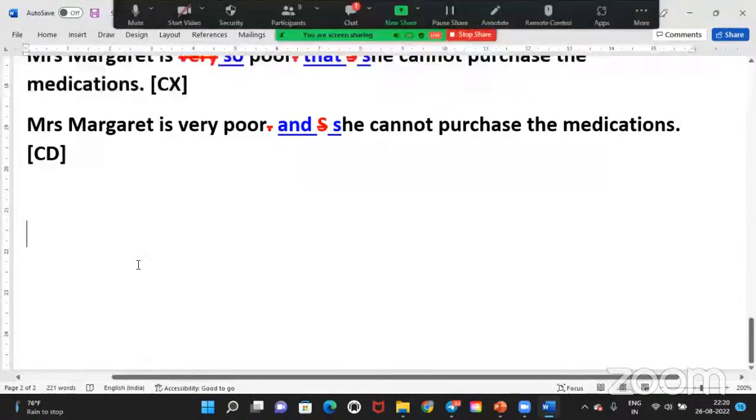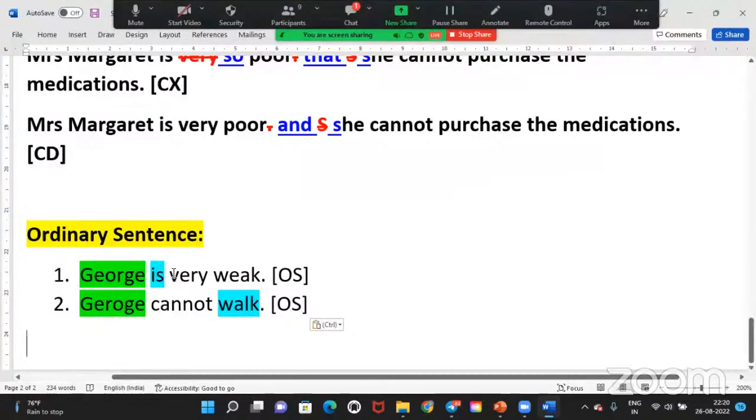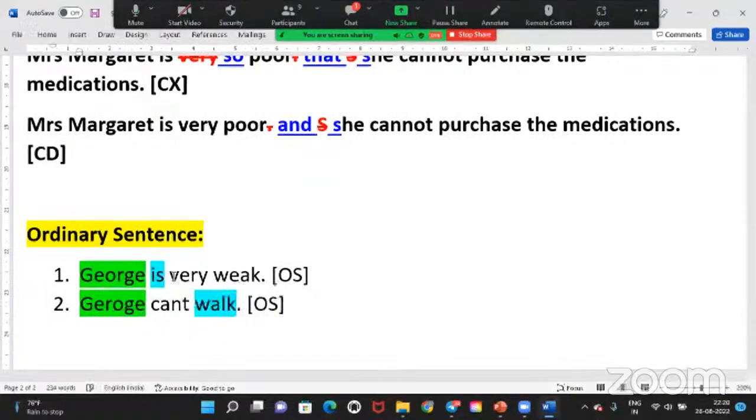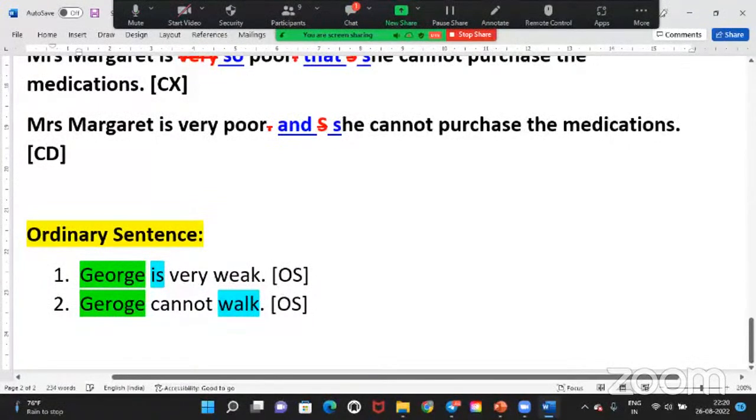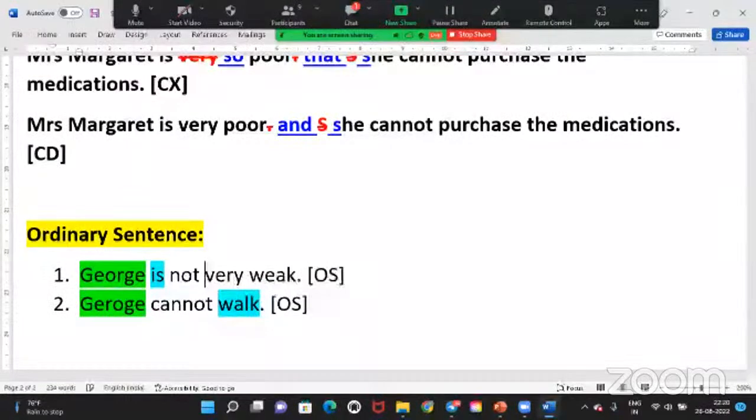Now let us see. George is very weak. He can walk. Now you can understand I removed "not" from the second sentence. Or we can say George is not very weak. It means he's strong, but he still cannot walk. So these are called contrasting sentences.